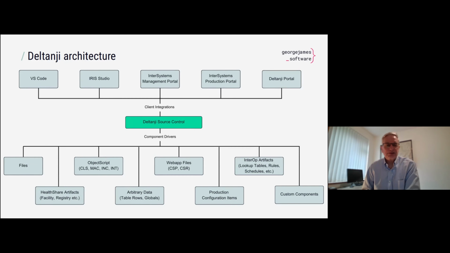Below the line, you'll see various different kinds of components that are the things that Deltanji can operate on. Over on the left is the files, which, if you're using something like Git, is the kind of thing that it expects to manage. But within an IRIS environment, there are all these other things that are often things you want to manage.